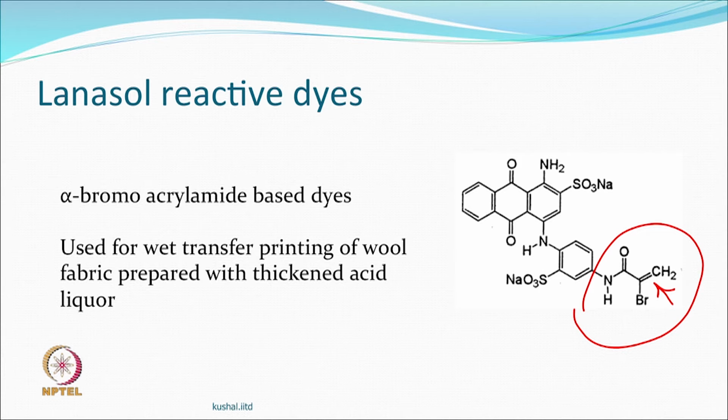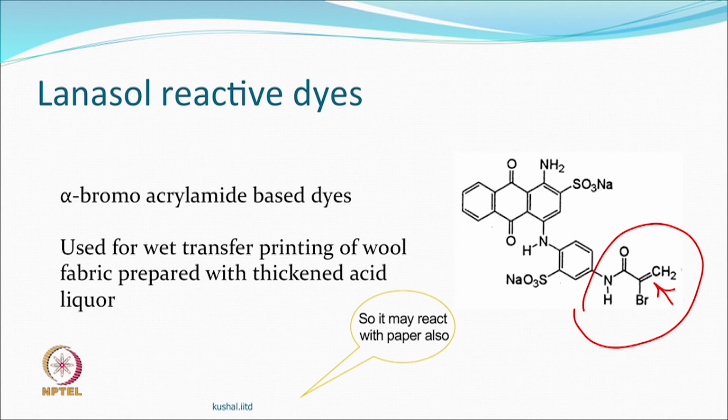There is also a possibility that the bromine can come out and a reaction can take place, and so the fastness of these was considered to be better. So, various reactions are possible with this lenazole. From the wool point of view, the one process which has been commercialized was using these dyes. The challenge obviously was to create all types of shades, so that you can get all tones.